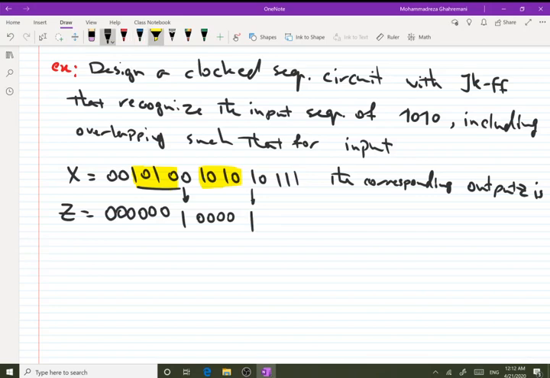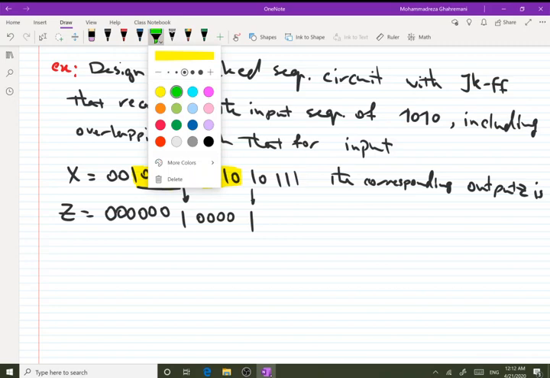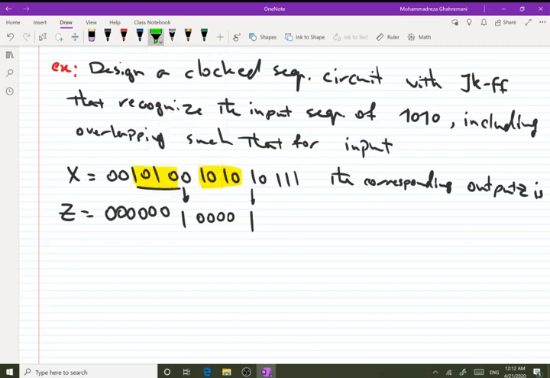The next time that the circuit sees this sequence, because the overlapping is allowed, for these four numbers we again have the same sequence. So here is 0, here is 1, and 0, 0.